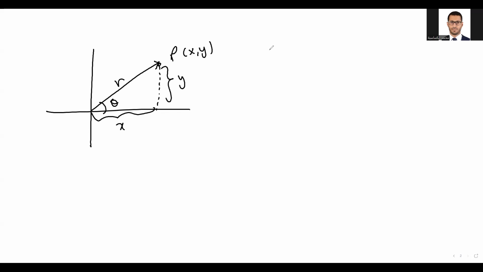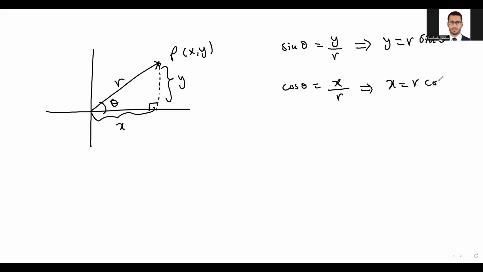This is the angle in the right triangle. So the sine of theta is the opposite, y, over the hypotenuse r, and the cosine of theta equals the adjacent x over the hypotenuse r. From here, y equals r sine theta, and x equals r cosine theta.